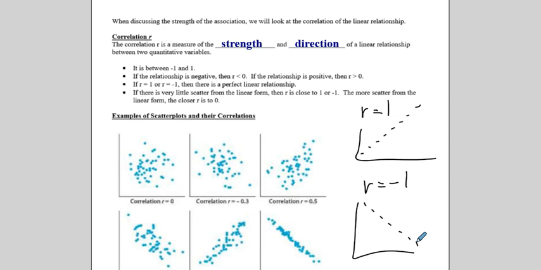If there's very little scatter, it's closer to 1 and -1. If there's more scatter, it's closer to 0. So we can do this little quick number line thing. It's +1, -1, 0. This is weak, this is strong, and this is strong. So the more it's to the 1 and -1, the stronger it is.